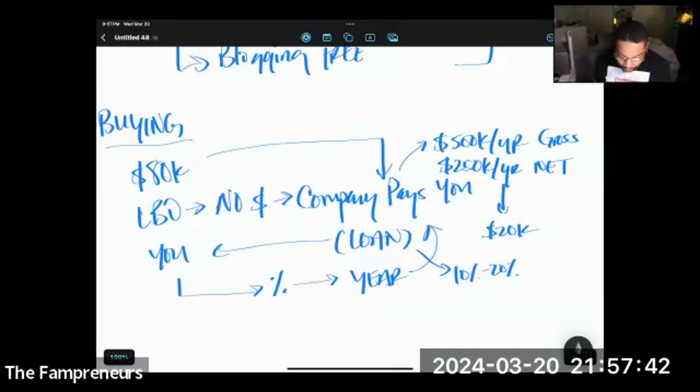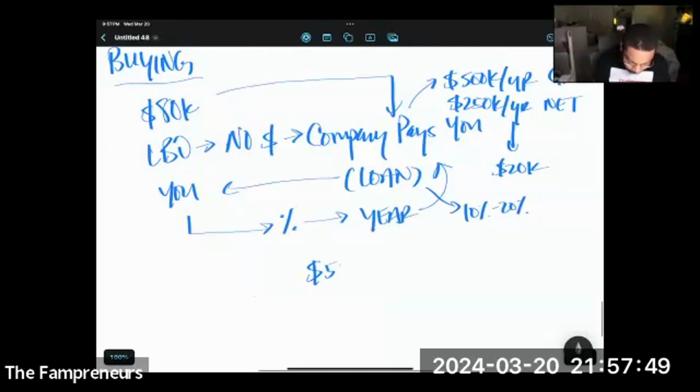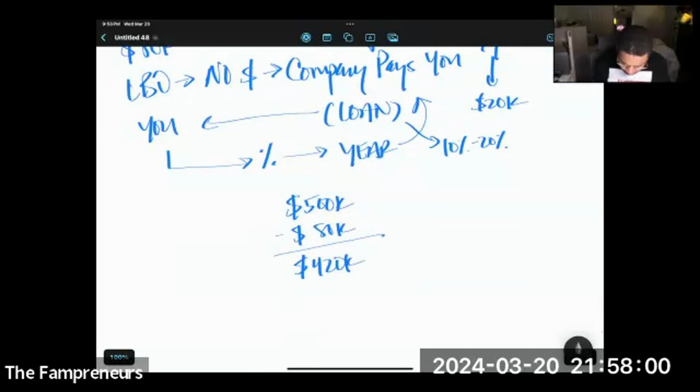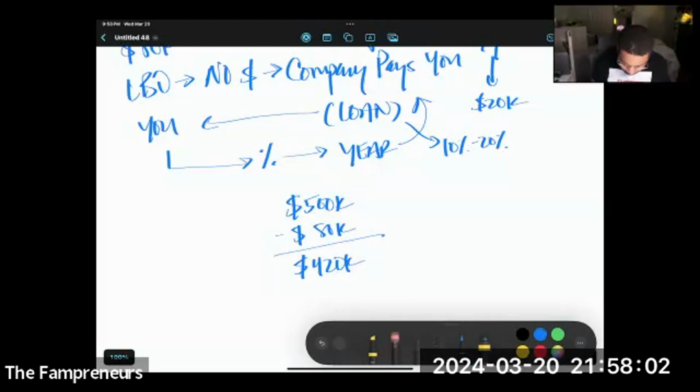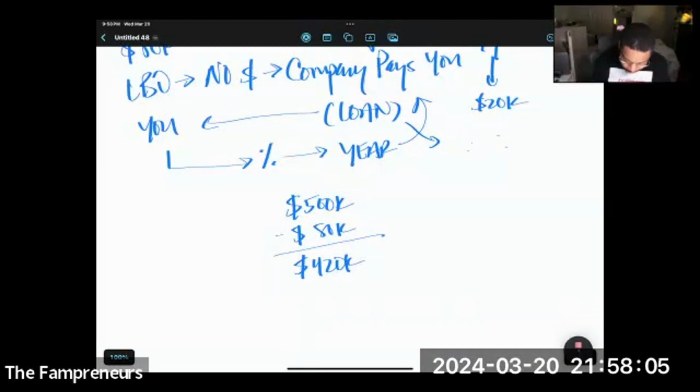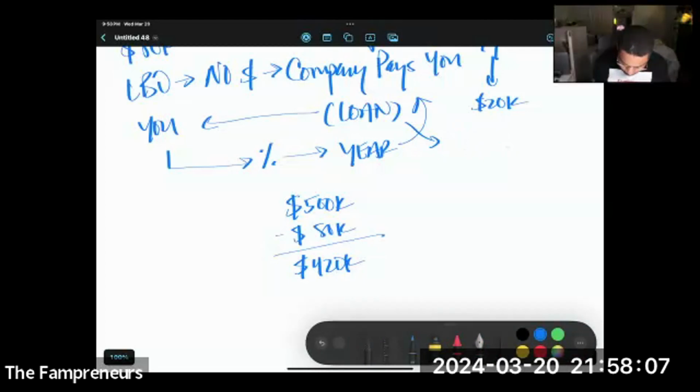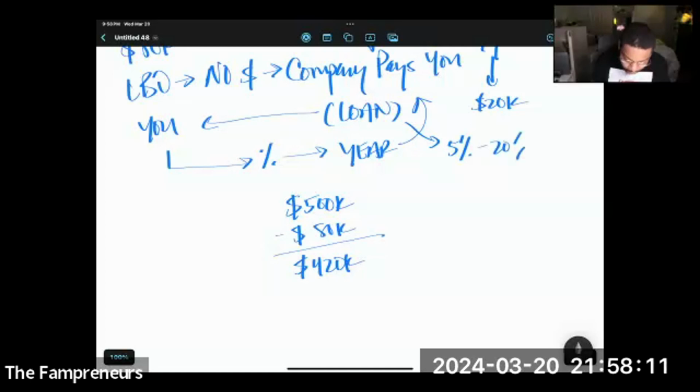Let's say if they sold it to you for 500K, let's do the math real quick. 500K minus 80K is 420K that they took out. And it's usually not even that much. It really depends. Let's say it's usually like 5% to 20%. It really just depends on them, honestly.